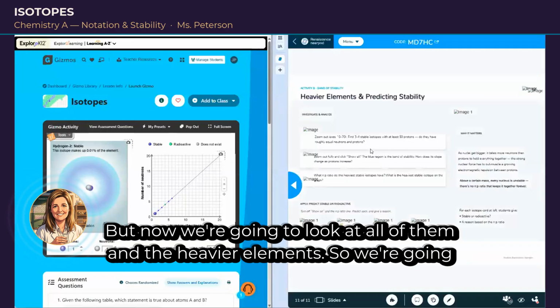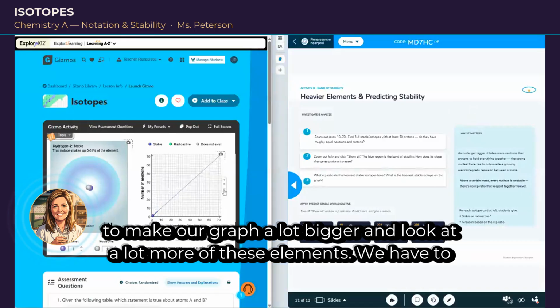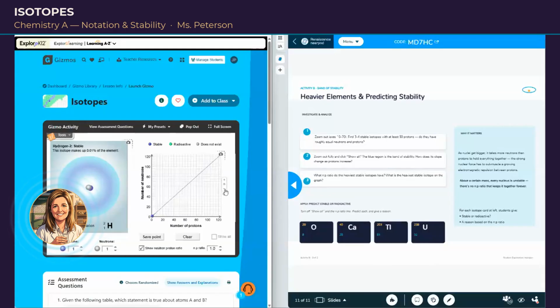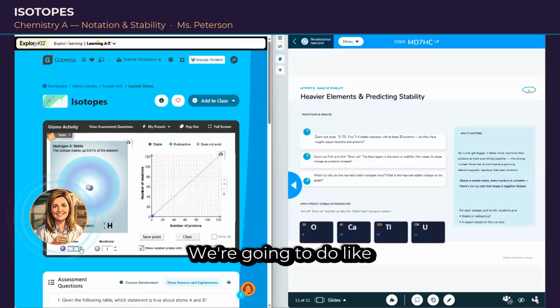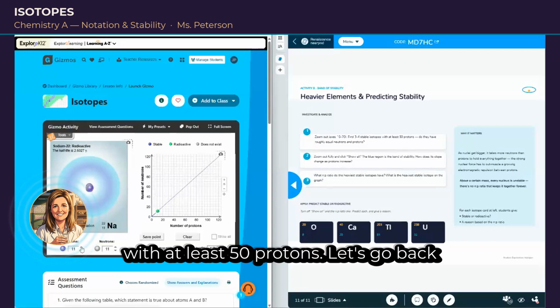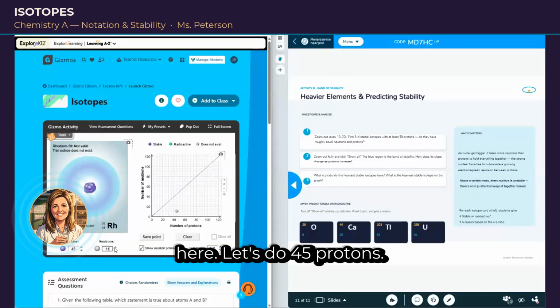But now we're going to look at all of them and the heavier elements. So we're going to make our graph a lot bigger and look at a lot more of these elements. We have to save a bunch of them before it will show all. I'm going to try to do this quickly. Sodium. Let me see. With at least 50 protons. So let's go back here. Let's do 45 protons.